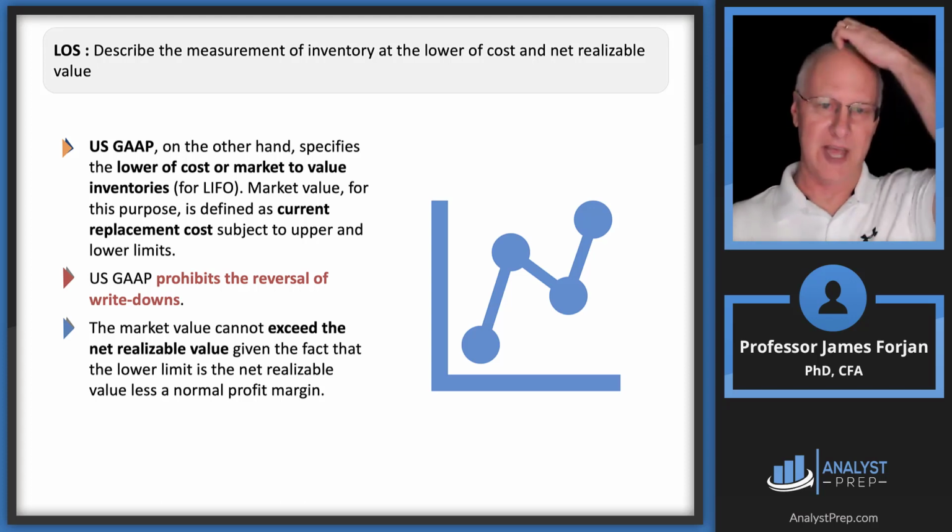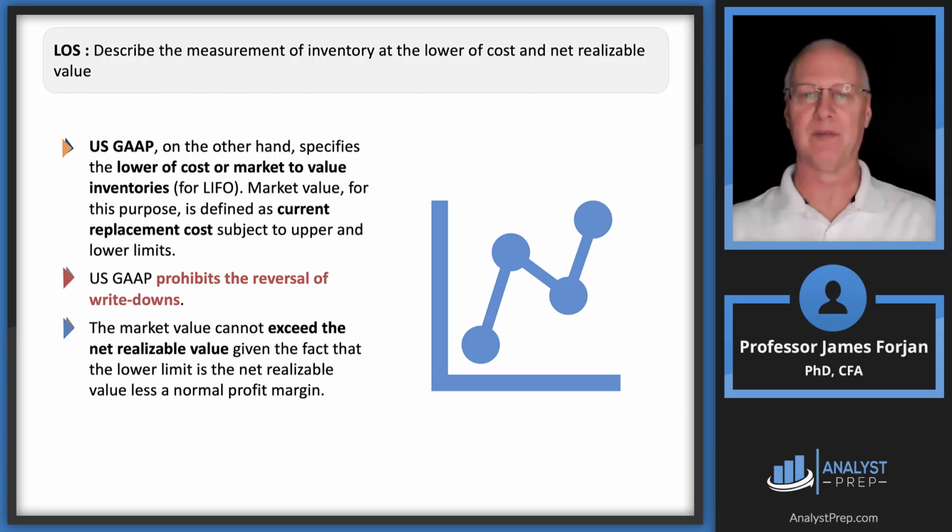Well, the reading suggests that with the exception of LIFO, there is convergence. In fact, the reading has a sentence in there that says something like, for all intents and purposes, the U.S. standards and the international standards are virtually identical or virtually similar. I'm paraphrasing. It says something like that.